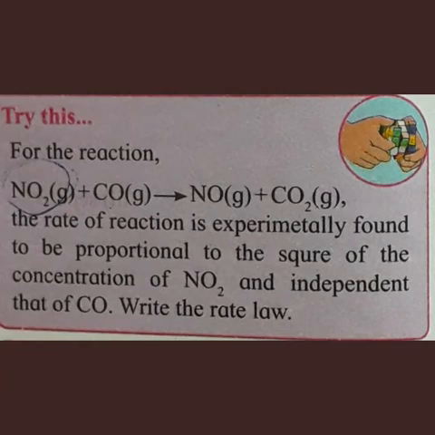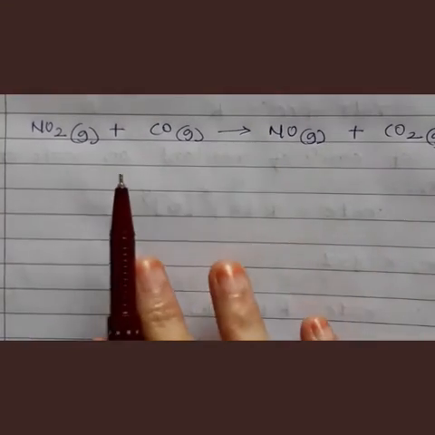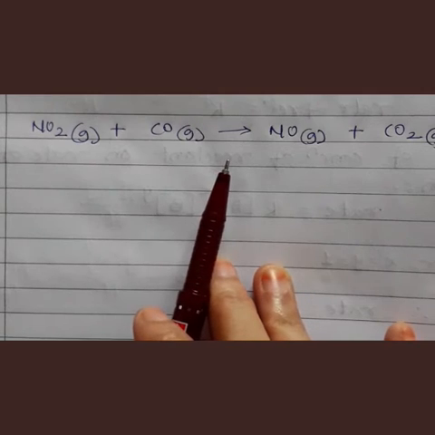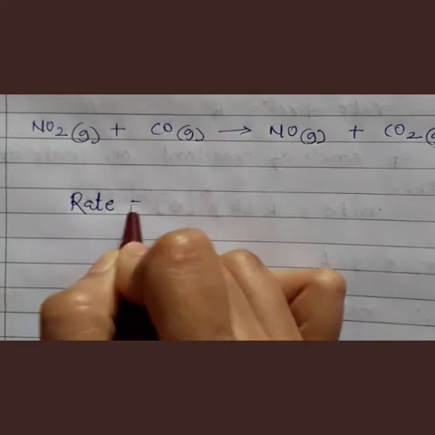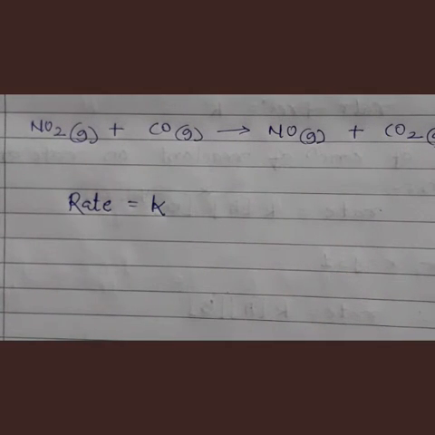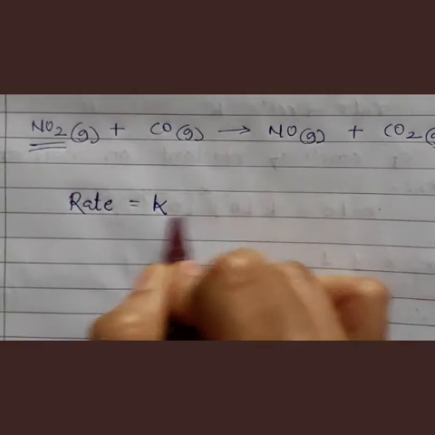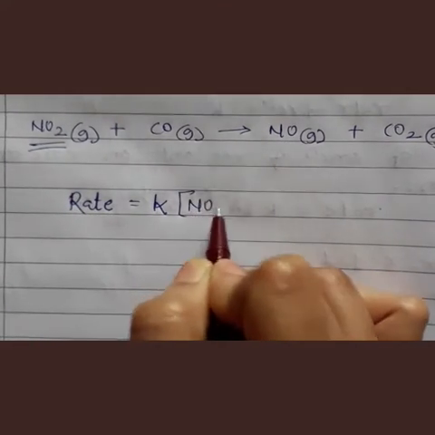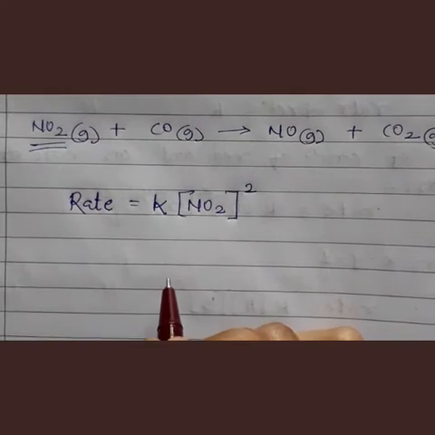So the concentration of carbon monoxide will not appear in rate law. Write the rate law. You can see here the same reaction I have written over here. And what they have told, rate of reaction depends upon the square of the concentration of NO2. So K multiplied by the concentration of NO2, and square of concentration means here the square will come.